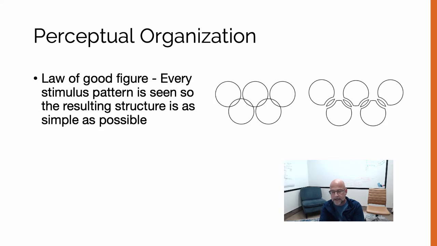So let me give you some examples. One is called the law of good figure, or the law of Prägnanz. The notion is that every stimulus pattern is seen so that its resulting structure is as simple as possible. In other words, we're constantly trying to simplify our world.